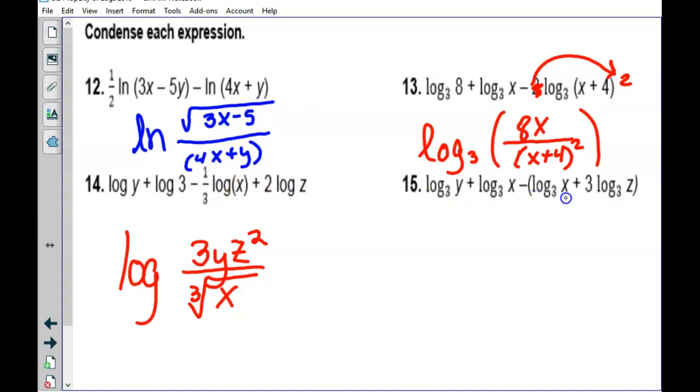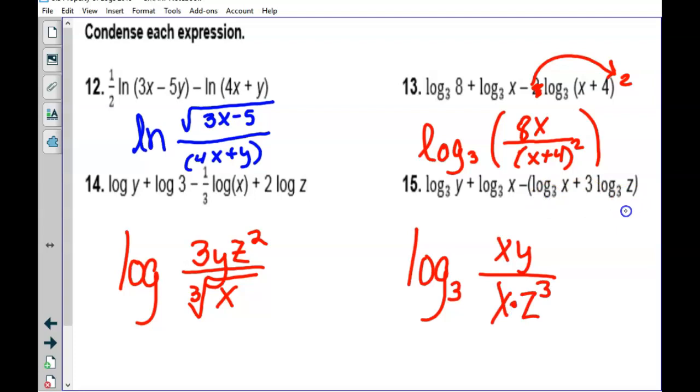Now this next one has a quantity that's minus, so both of those things back there go in the denominator, right? It's log base 3 of y times x, or xy, over, and what is all this? Times z to the third, and that was all in the minus.